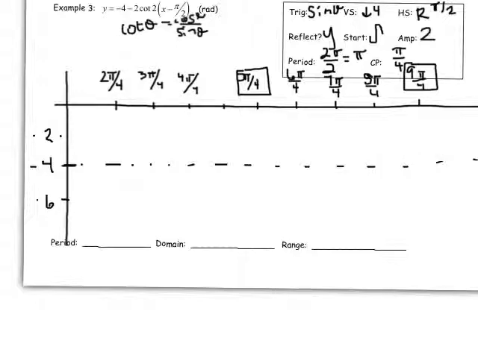Okay, sine starts in the middle, and because it's reflected, it's going to go down, middle, up, middle. And I just realized I skipped this. So this should have been 5 pi over 4, 6 pi over 4, 7 pi over 4, 8 pi over 4, 9 pi over 4.